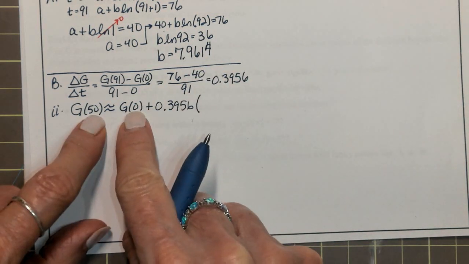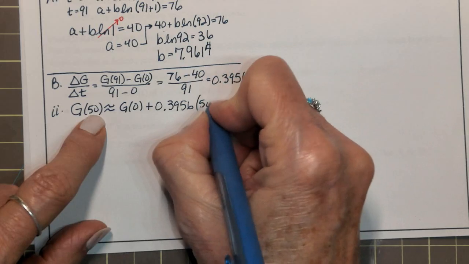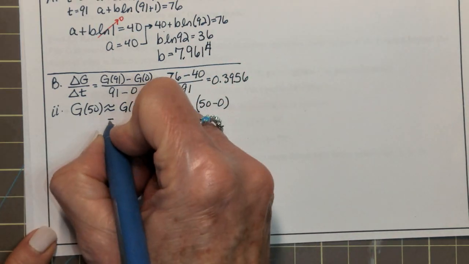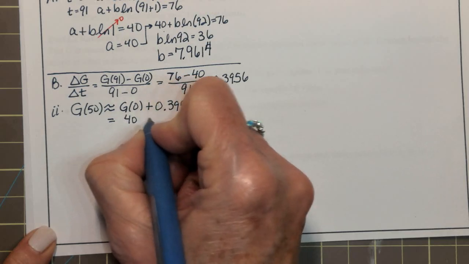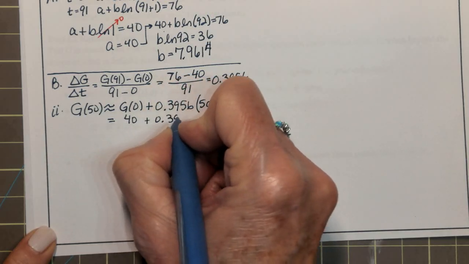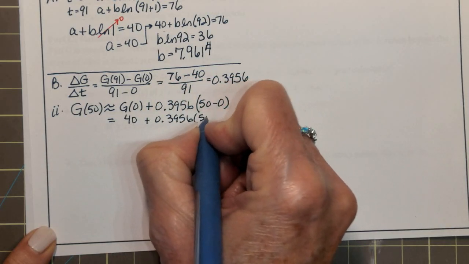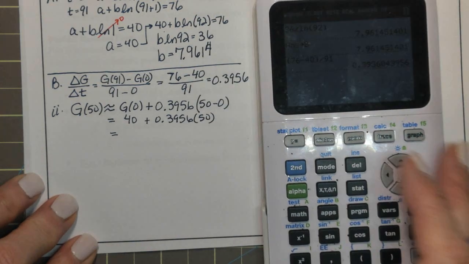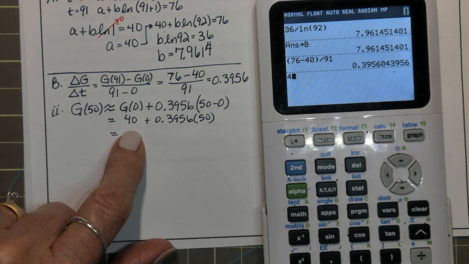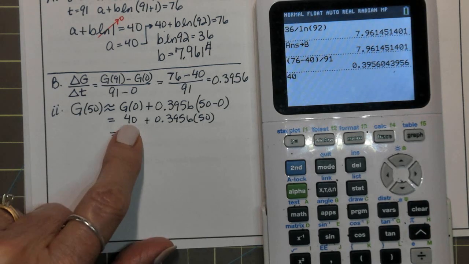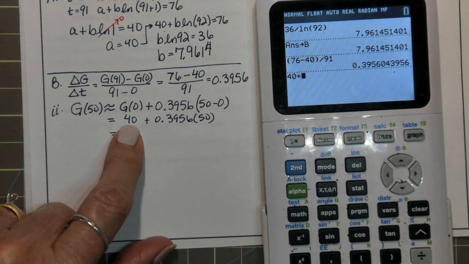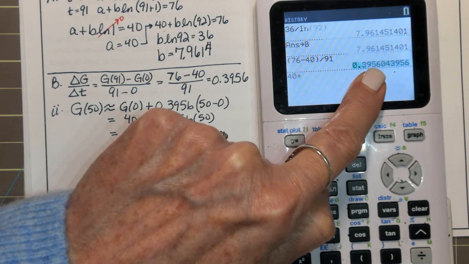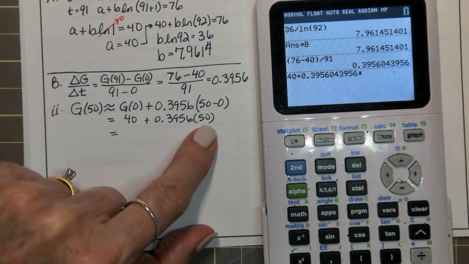And the number of days is 50. So on day 0 there were 40,000 sold. So let's find out what that is. 40,000 on day 0, plus the average rate of change times 50.